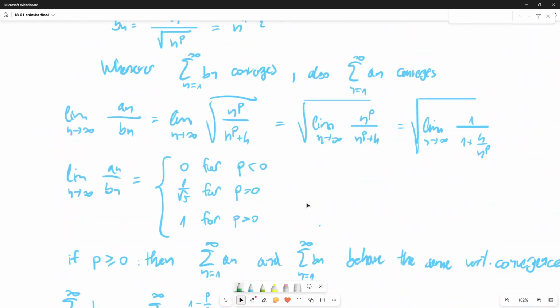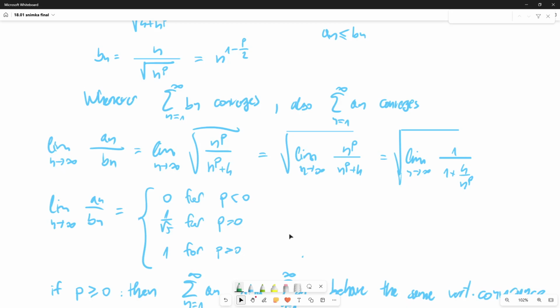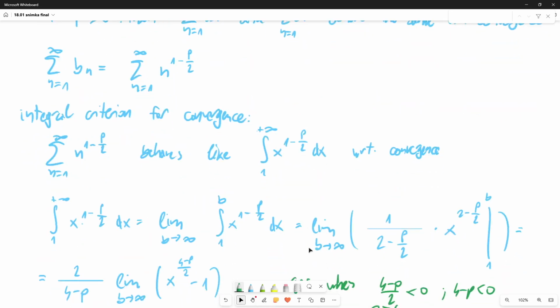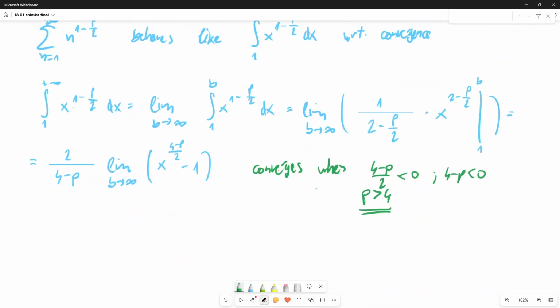So we already have an answer in the part where p is greater than 0, and we can use this answer to reason in general about our first series. So our series converges whenever p is greater than 4, and it diverges whenever p is less than or equal to 4.